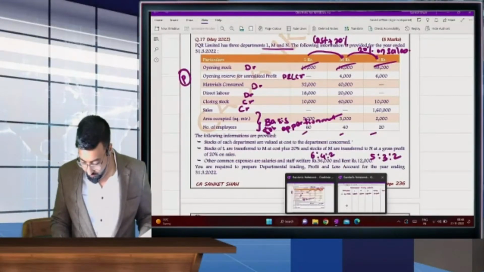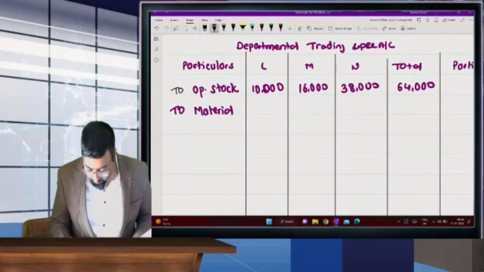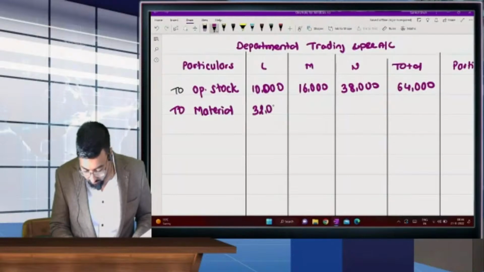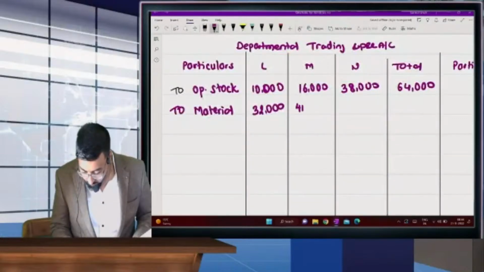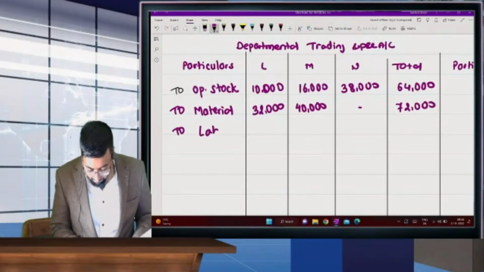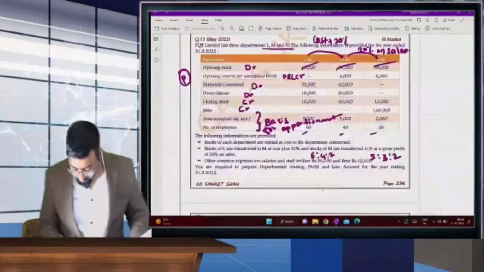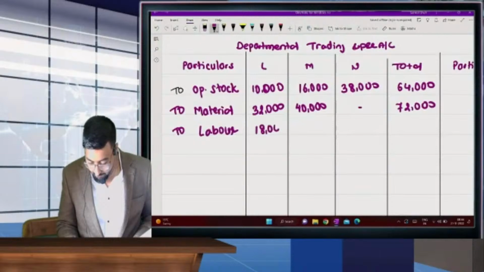Material consumed, to material 32,000, 40,000. To labor 18 plus 20, 38,000.